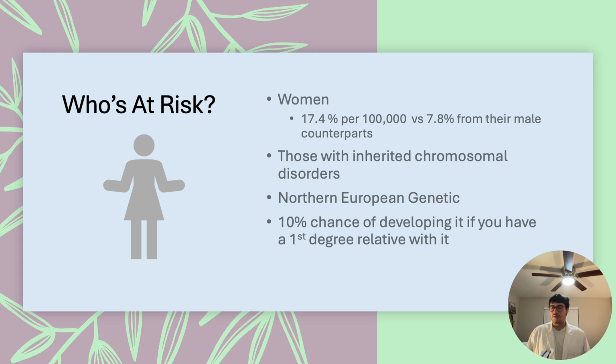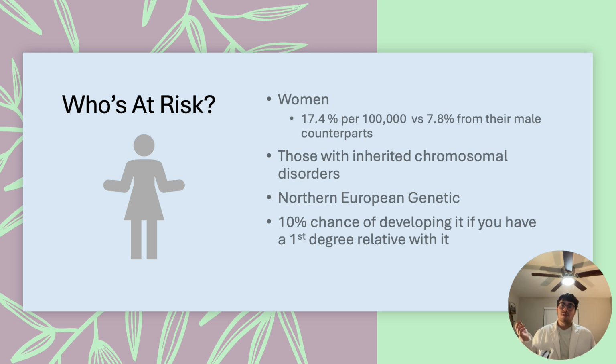Along with that, we also see higher rates in people with already inherited chromosomal disorders. So trisomy 21, Turner syndrome, which is interesting because those genes that I mentioned earlier, DQ2 and DQ8, aren't on those chromosomes, even though trisomy 21 Down syndrome was explicitly mentioned primarily and quite often throughout some of the literature.